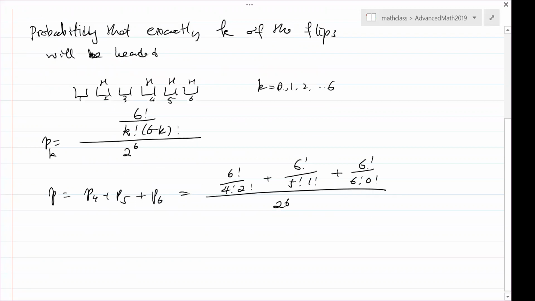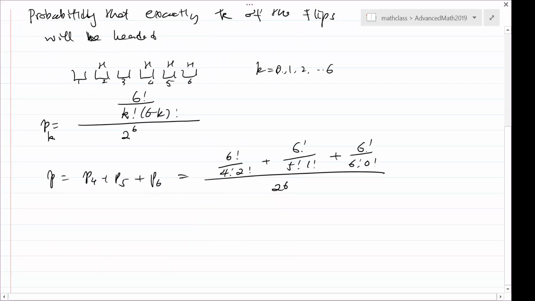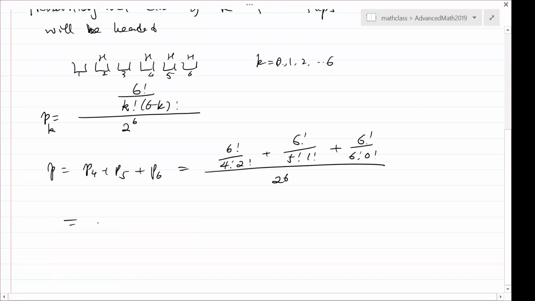Actually, the last one is 1. Then you add them together and you get the answer. The answer will be over 2 to the 6, and the first one is 5 times 6 divided by 2, which is 15, plus 6, plus 1.